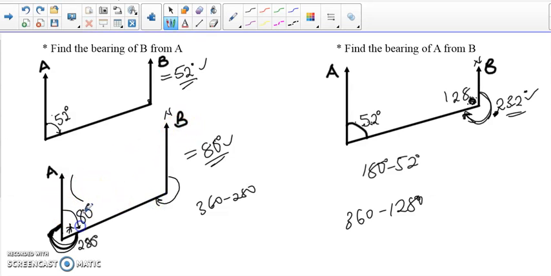That's how we got this. Then from B, I'm going to start here. So what I'm going to do is, from here to here, since here is 80, 180 minus 80 will be 100. Here is 100, is it not so? So 360 minus 100 will give us that. So here will be 260. Fine and good. That's how we find it.